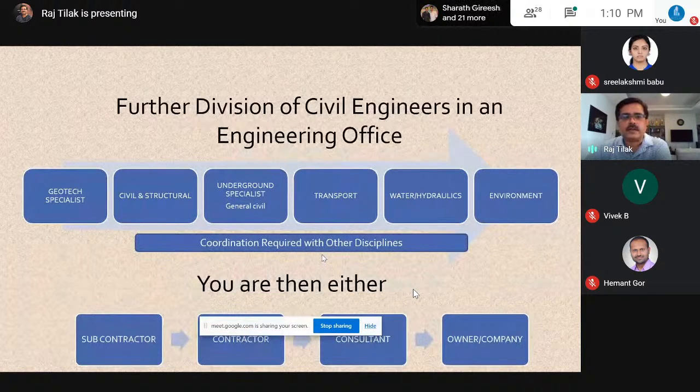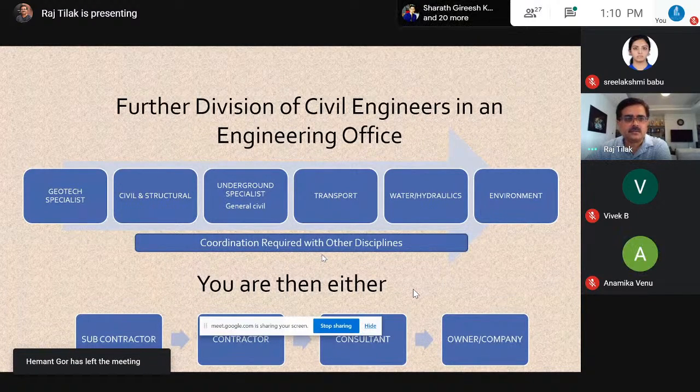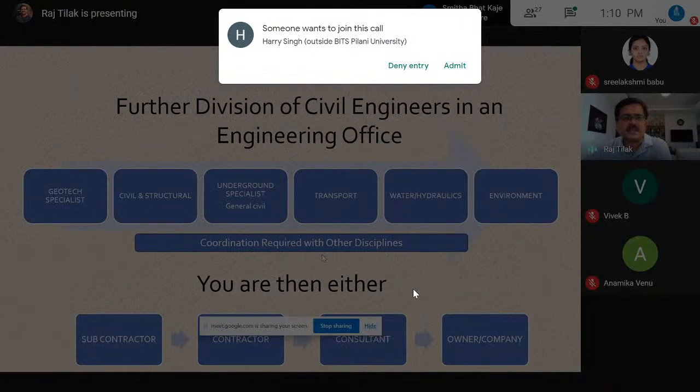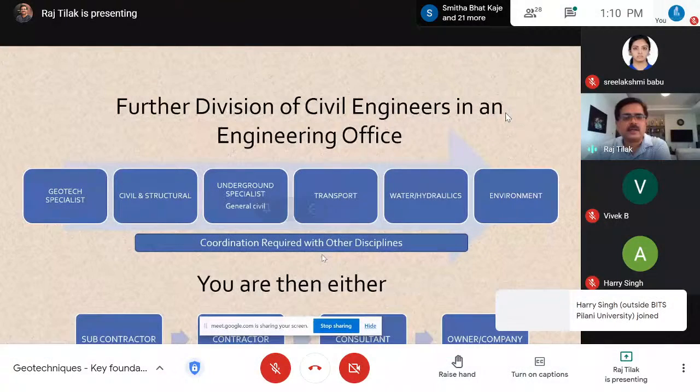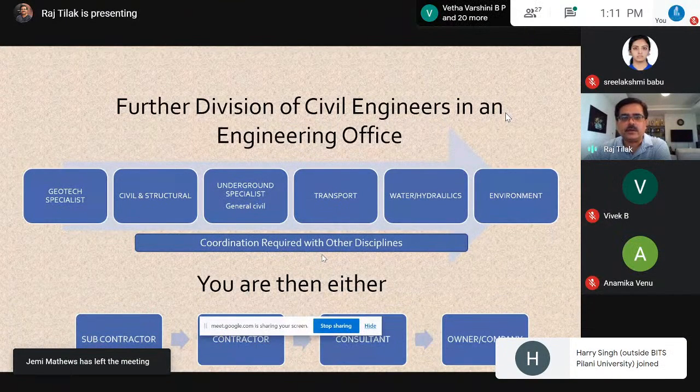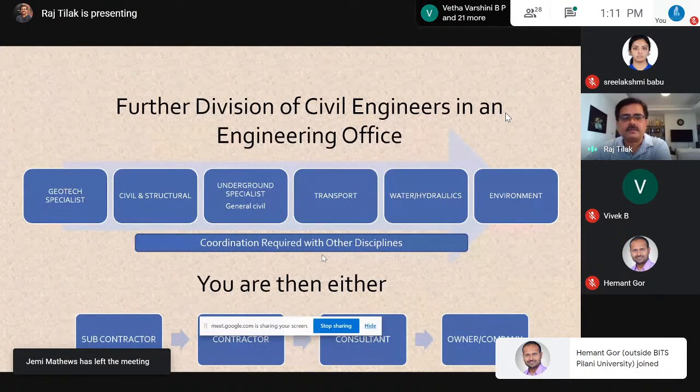You already know that civil engineers would be further divided into various specialized disciplines. Of course, this is related to geotechniques, and then some who are not even doing master and PhD would still be civil and structural specialists. Then there is a department called general civil later on in the industry, which is like specialists in underground, like utilities and corridors and all those stuff.